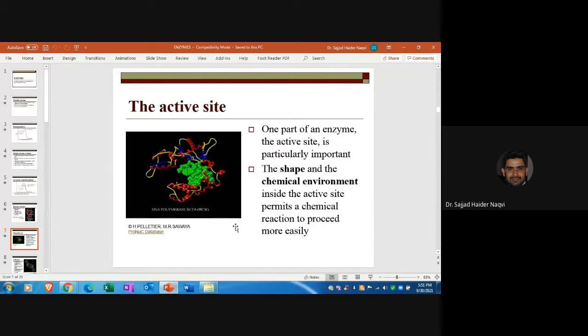The enzyme is a big molecule because it's a protein, but that big molecule has a specific site called the active site, and if the reactant binds with that active site, the enzyme can catalyze the reaction. So you can picture the enzyme as a very big molecule, in contrast to the reactant or substrate molecule, which is very small compared to the size of the enzyme itself.